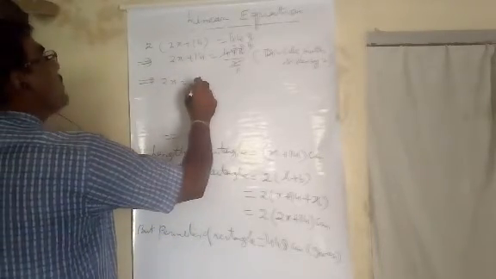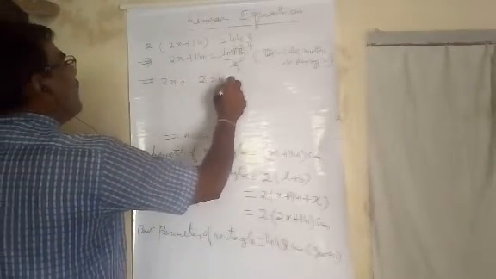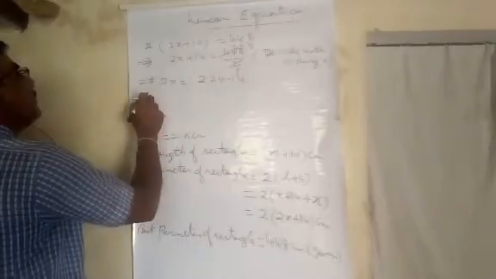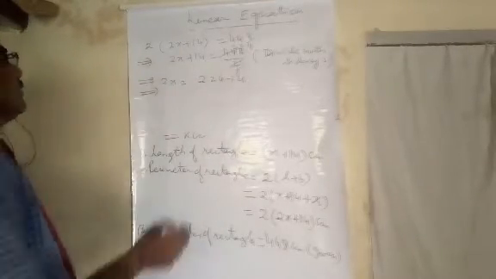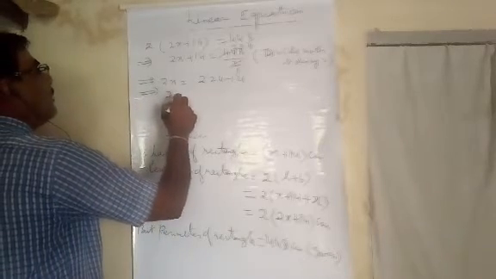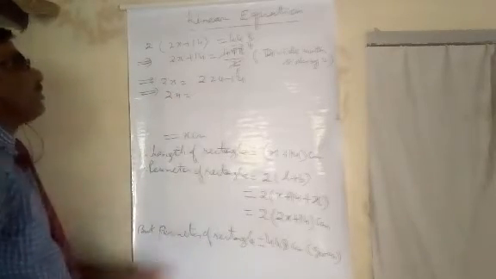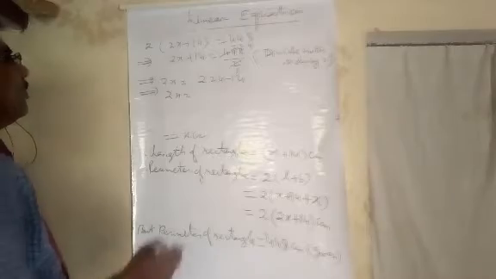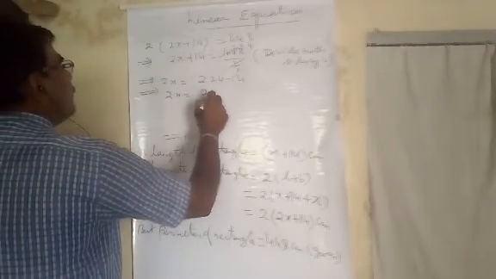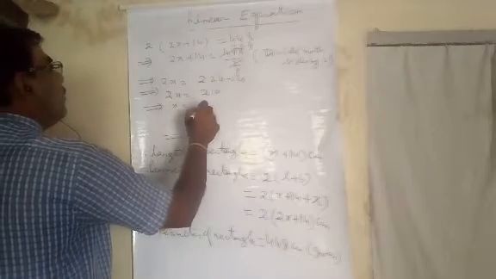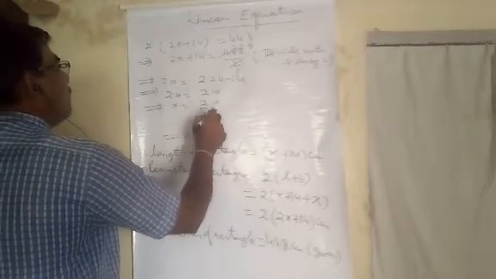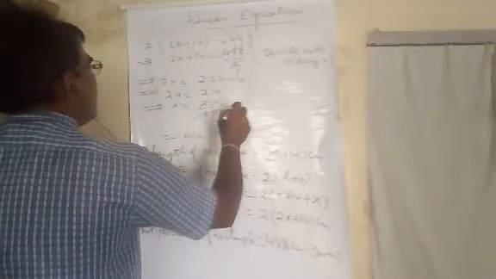Then 2x equal 224 minus 14, because plus 14 converts to minus 14. When you subtract 14 from 224 we get 210. Then x equal 210 divided by 2, which is 105.